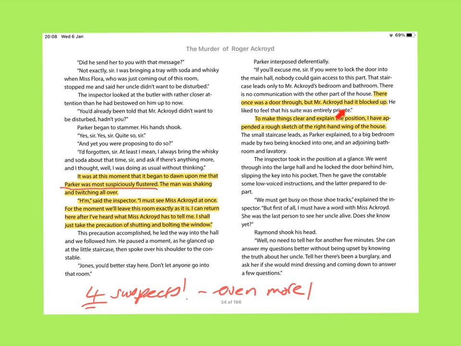More ideas of the helpful and devoted doctor, the trustworthy professional man, as an aid to the law here. "To make things clear and explain the position, I have appended a rough sketch of the right-hand wing of the house." So to the reader in this crime novel he's writing, there you go. I'm bringing you along with the ability to detect: good, helpful, law-abiding citizen. No.